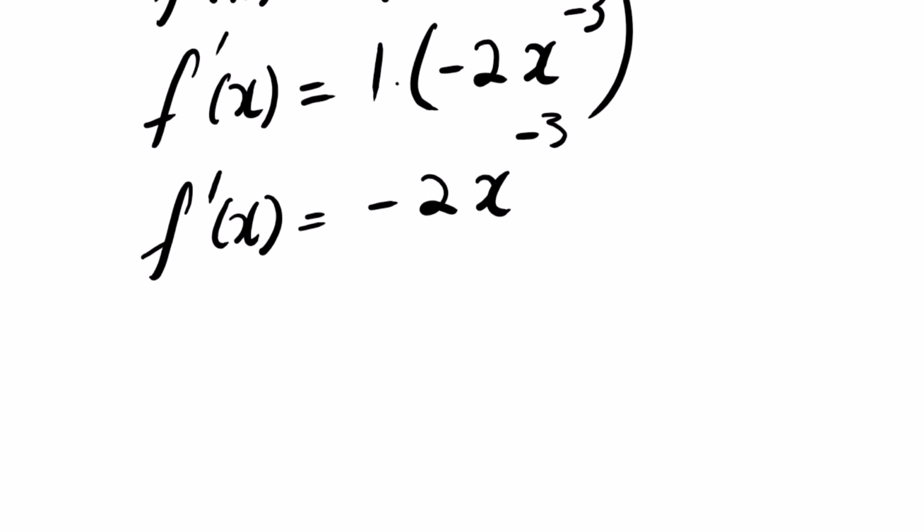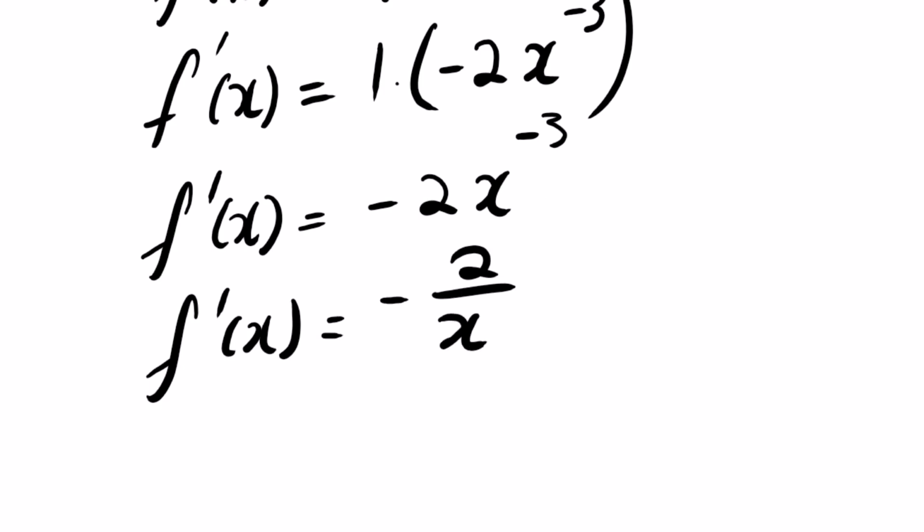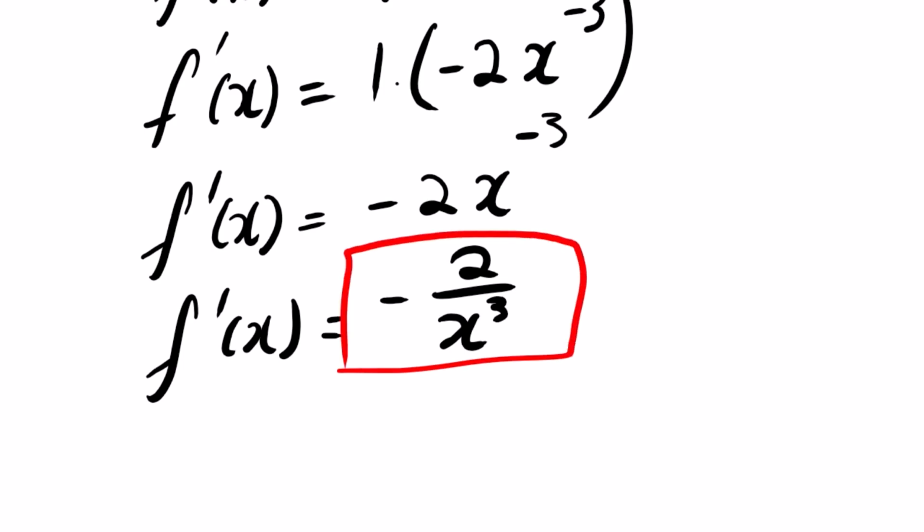Then from there, we need to take this back to the denominator level. So taking it back, we are left with negative 2 on top over x to the power 3. So this is the derivative of the given function.